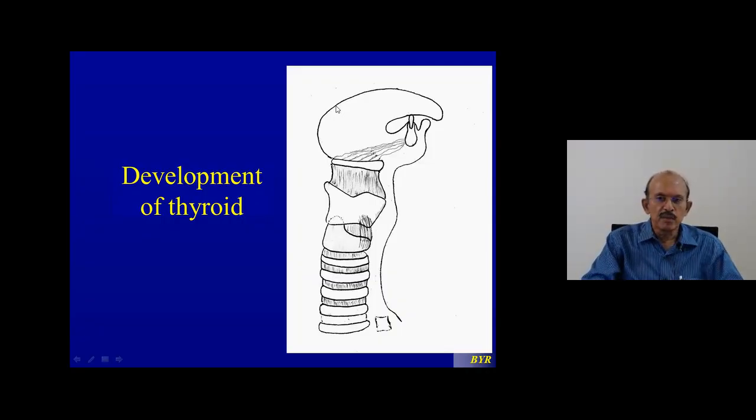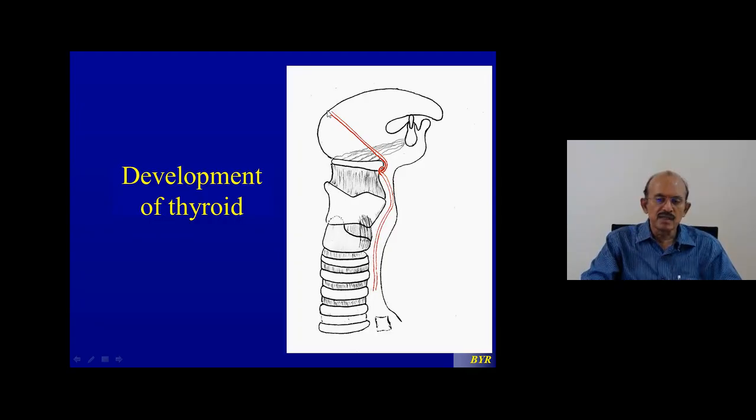So, from the foramen cecum in the fetus, an inward growth of epithelial cells will occur as a tract. This tract is called the thyroglossal tract.